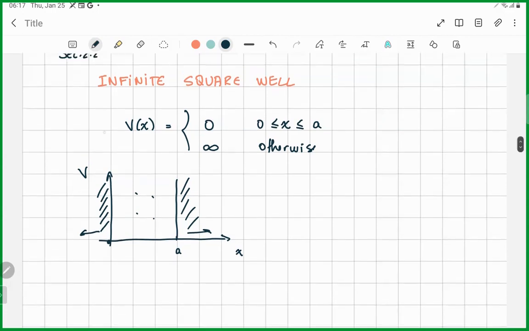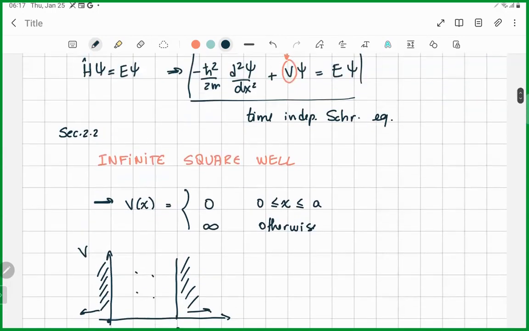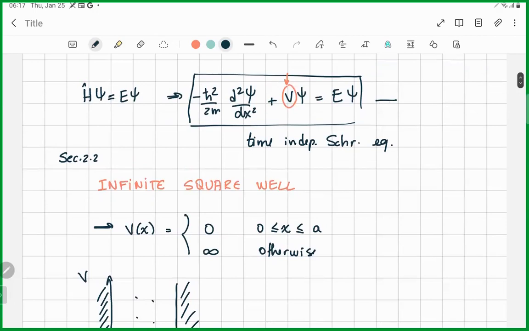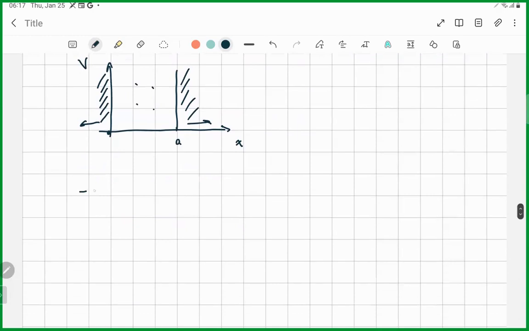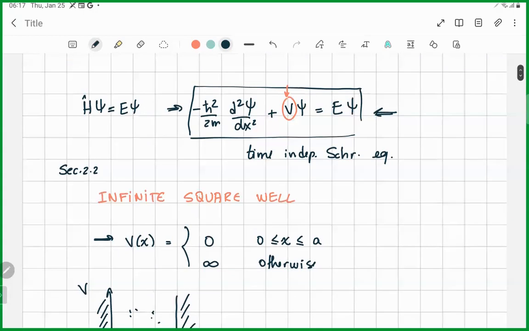So for this potential, we are now going to write our time-independent Schrödinger's equation. Let's start. Minus h bar squared over 2m, the second order derivative, and now comes the potential. The only region where the particle can be found is inside the well, where the potential is 0. So I'm not going to write this part.